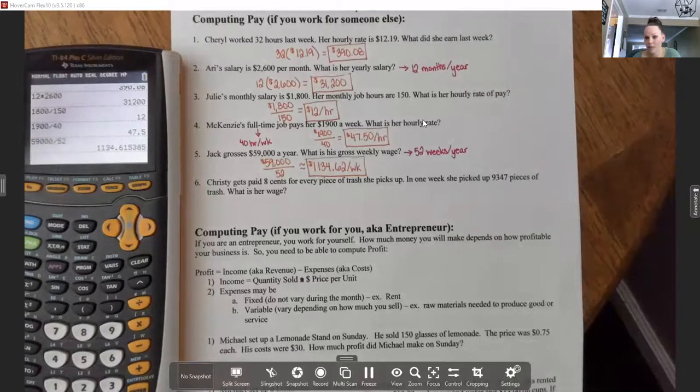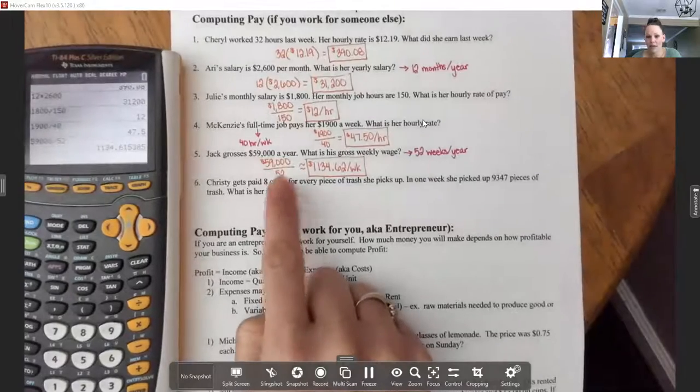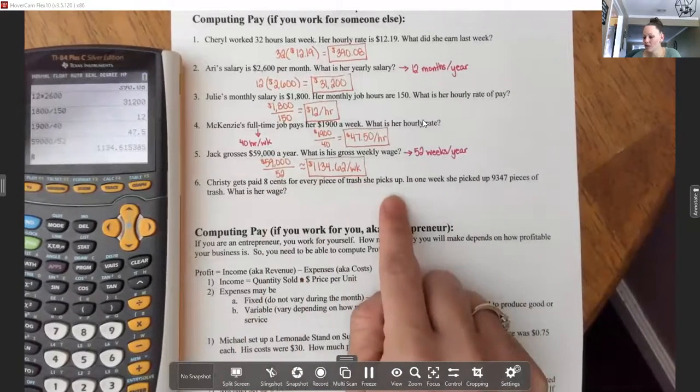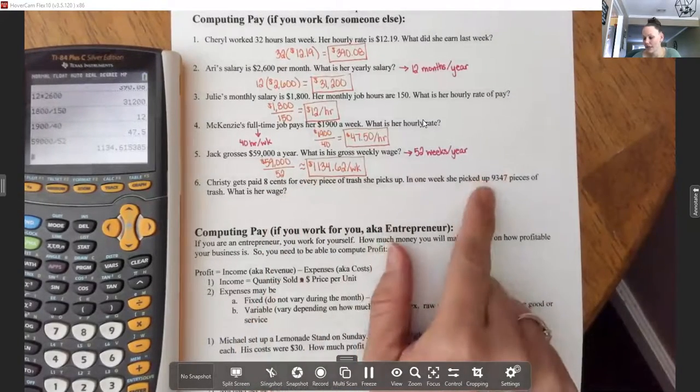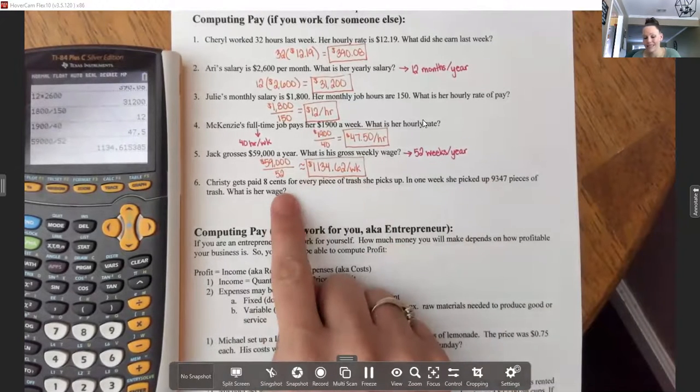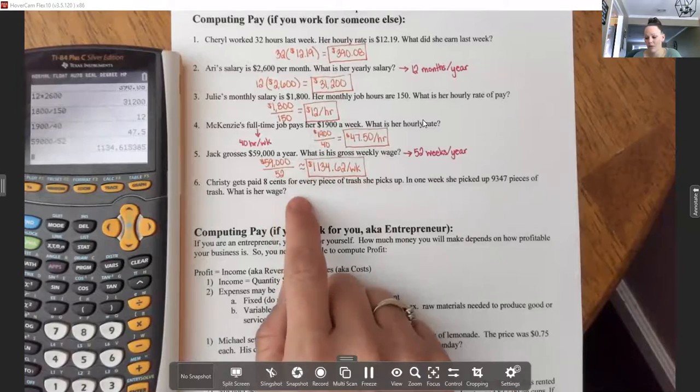So this one is going to be multiplication. We want to be careful here. It's 8 cents, but we don't want to just multiply 8 times 9,347. You can, but then you're talking about cents still and not dollars. So you just want to be careful with that.